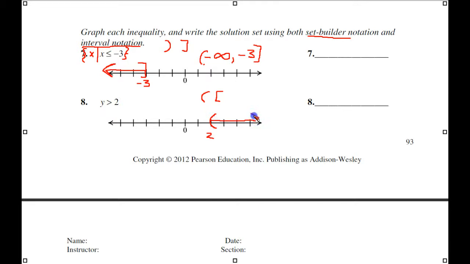Darken it. Now for interval notation, it's going to be parenthesis 2, comma, infinity. Remember, infinity always has a parenthesis. And for set builder notation, we just add a Y and brace.